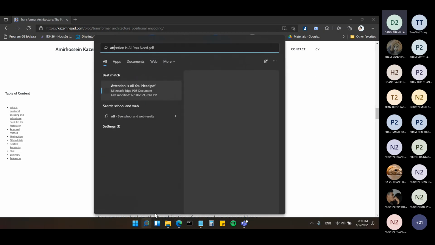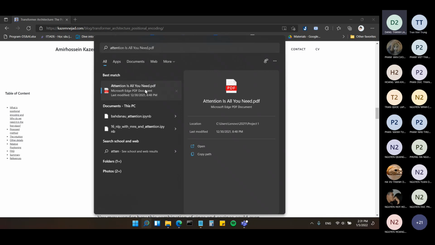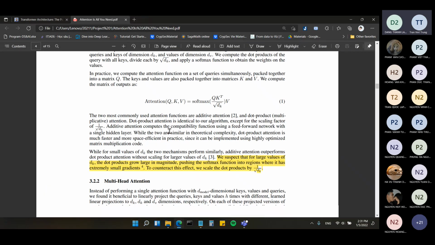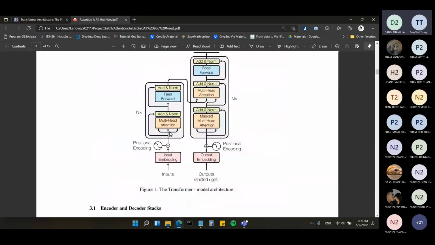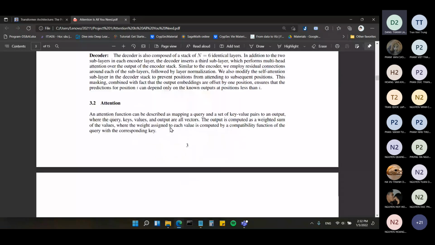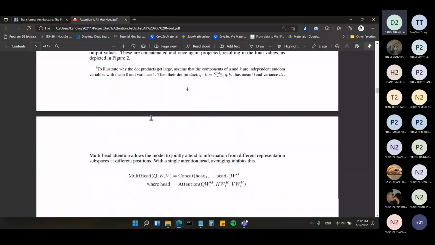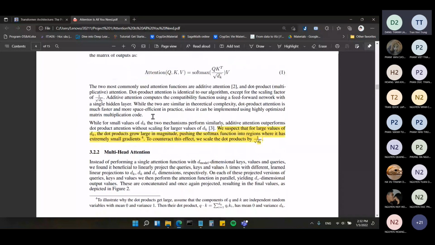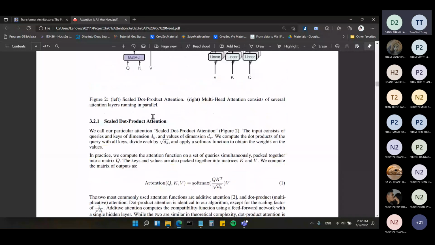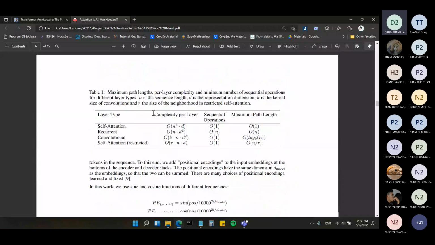So maybe it's a different understanding because in other places, the paper only has a small part about the positional encoding here. Where is it? Multi-head attention, scaled dot product.